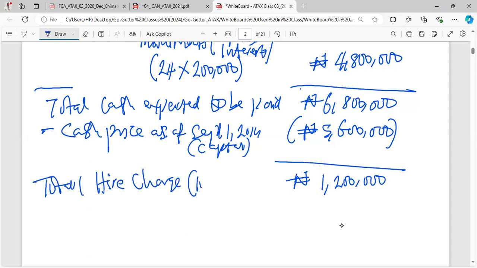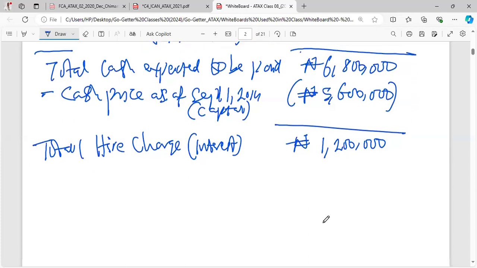This is purely interest. So an asset you are supposed to pay 5,600,000, you end up paying 6,800,000. It means 1,200,000 is the interest.